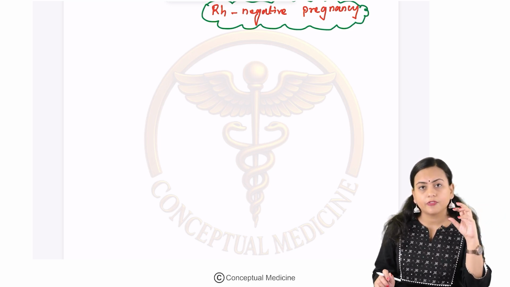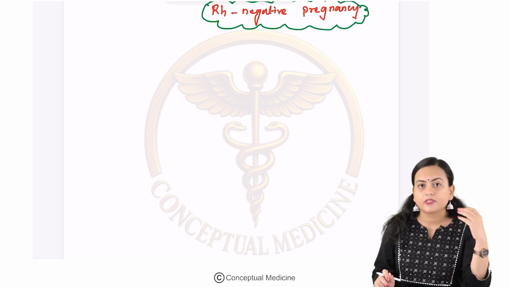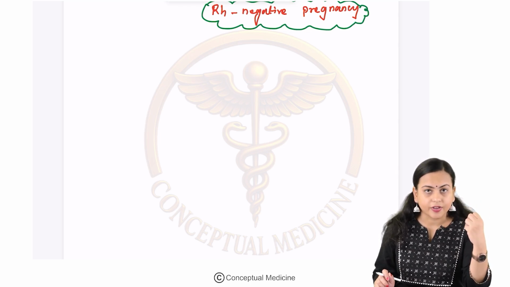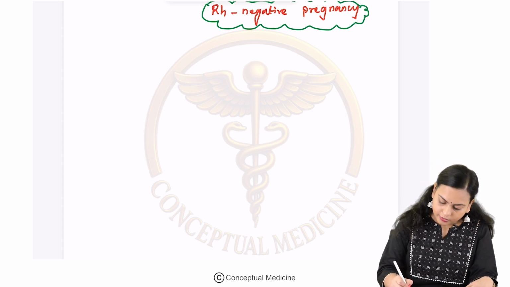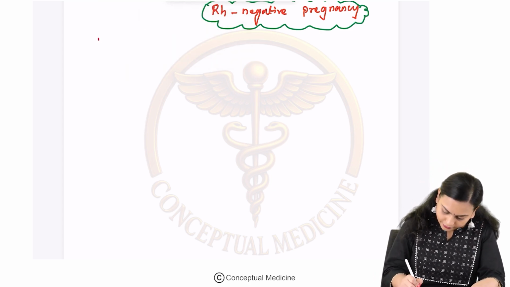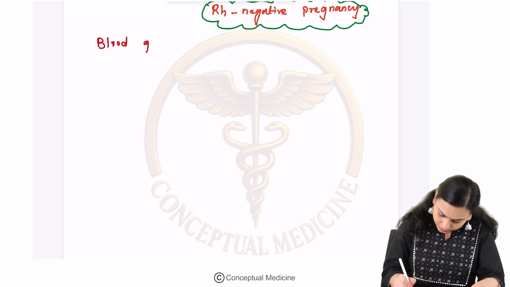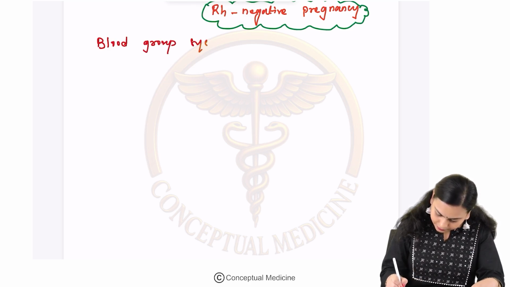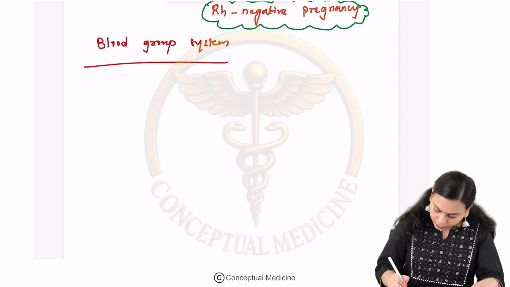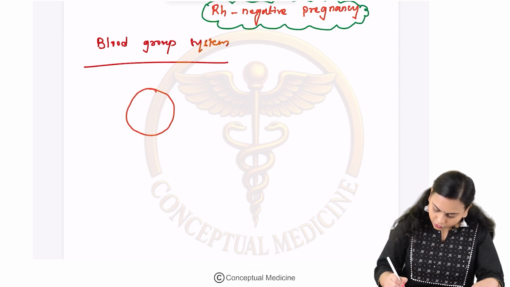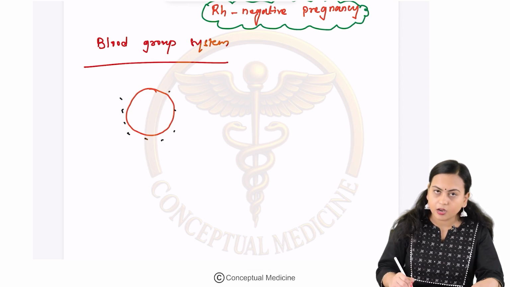Similarly, we have a group of rhesus antigens, namely capital C, small c, capital D, small d and capital E. Based upon this, there is a rhesus blood group system. Likewise, more than 300 antigens have been identified and 33 blood group systems are defined. If this is the RBC, there are so many antigens on the RBC.